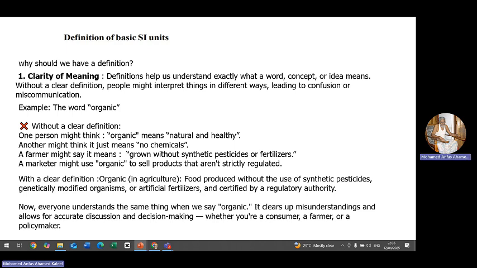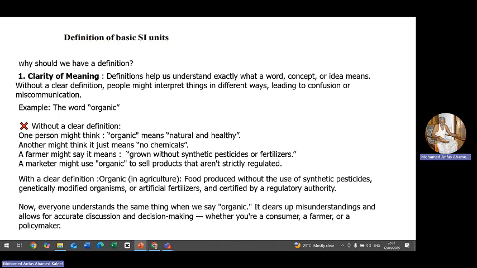That's why, with a clear definition, we can say: organic in agriculture means food produced without the use of synthetic pesticides, genetically modified organisms, or artificial fertilizers, and certified by a regulatory authority. This is one definition of organic in agriculture.